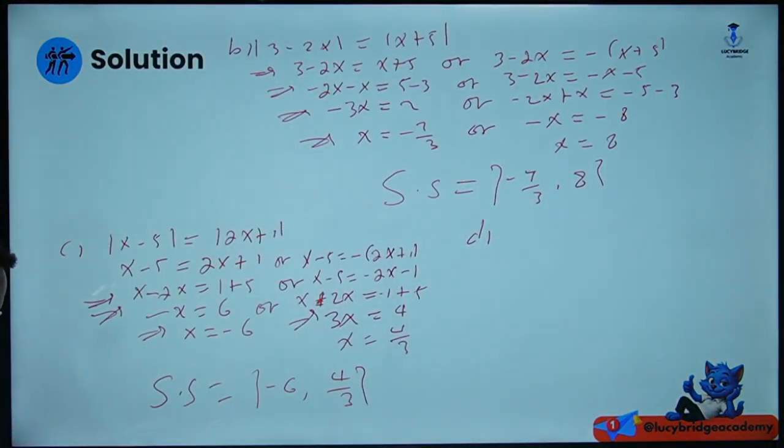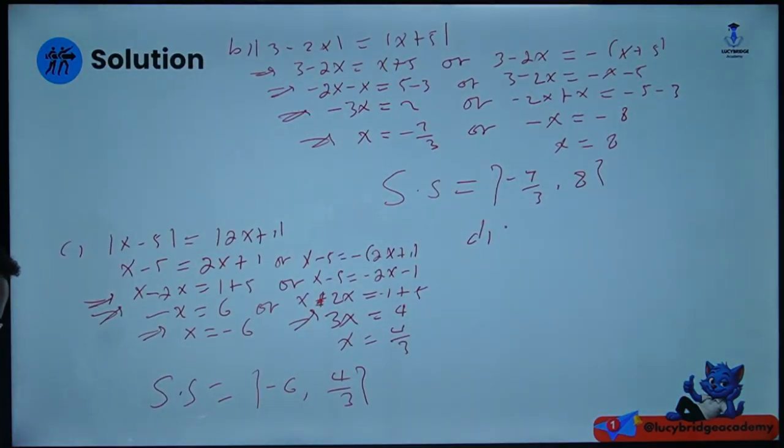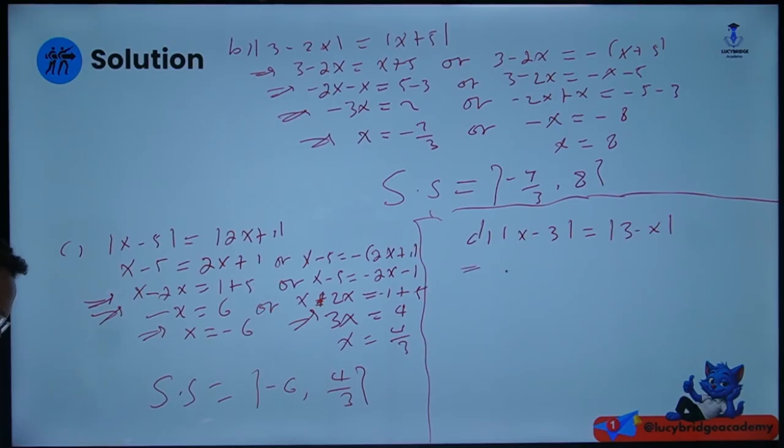Okay, D. What about D? The absolute value of x minus 3 is equal to the absolute value of 3 minus x. Which implies that x minus 3 is equal to 3 minus x, or x minus 3 is equal to the negative of 3 minus x.